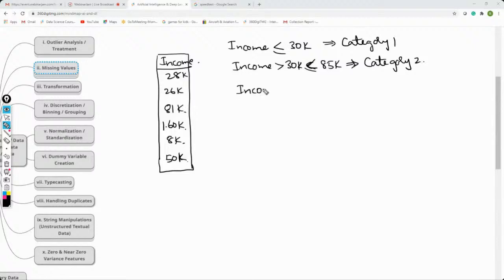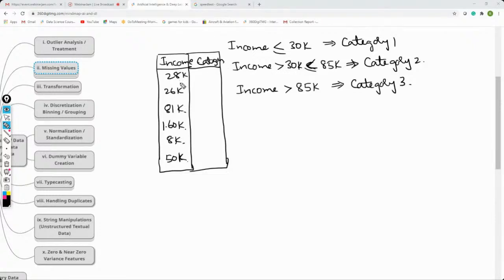And people who have their income greater than 85K would belong to category 3. So you have the categories here. So 25,000 is less than this, so you say category 1. 26 is also less than 30,000, category 1. 81,000 is in between 30 and 85, so category 2. 1.6 lakh is greater than this, so category 3. This 8,000 is less, so category 1. 50,000 is in between, category 2.